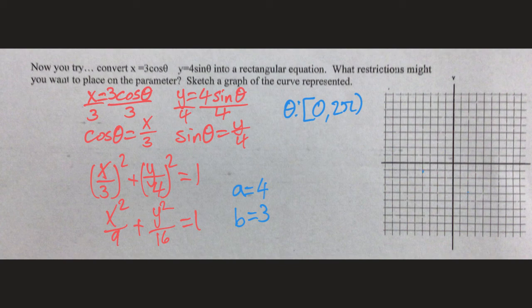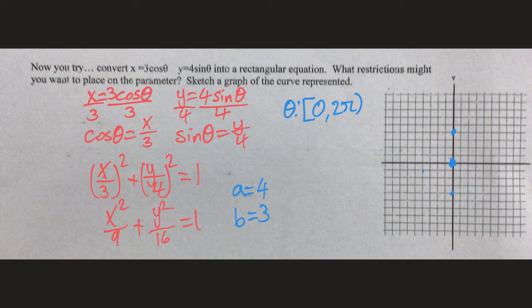So looking at our equation, we have x squared and y squared, telling us that we're going to be centered on the origin. We have this a equals 4 underneath our y, so I'm going to go 4 up, make a point there, 4 down, make another point. Those are our vertices.